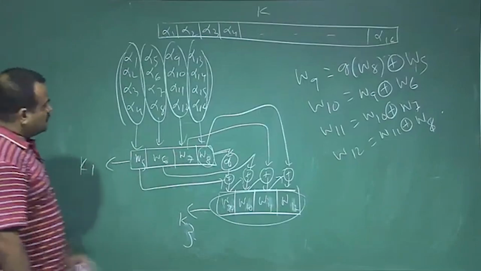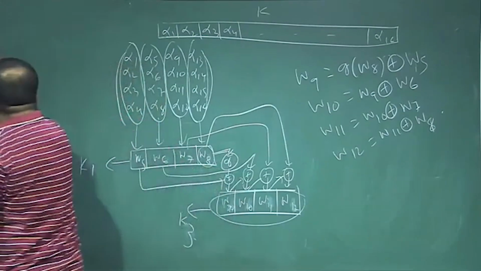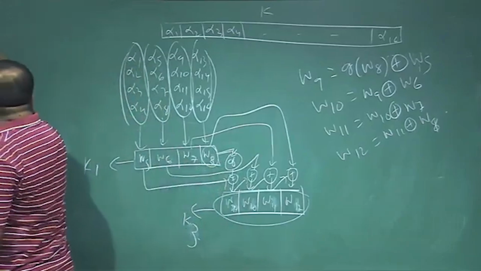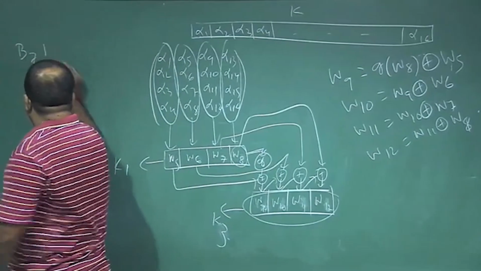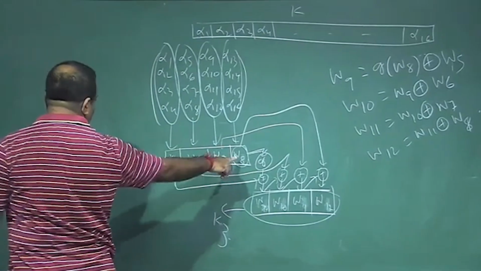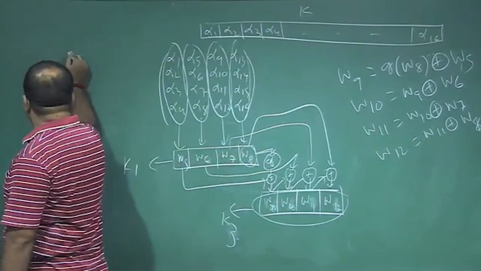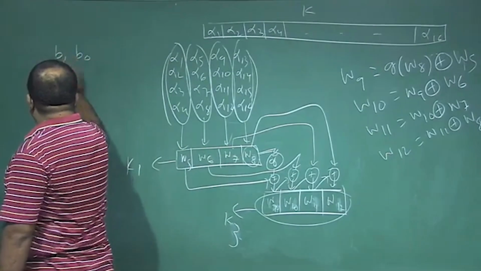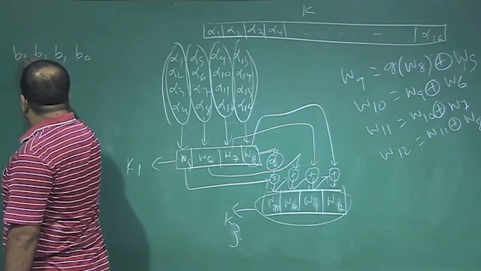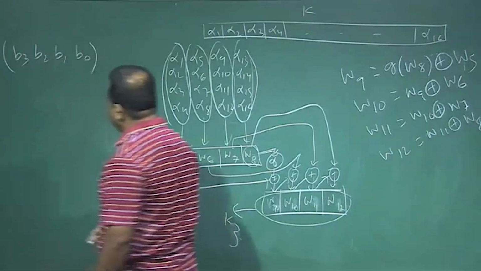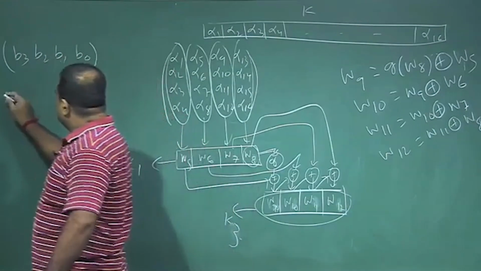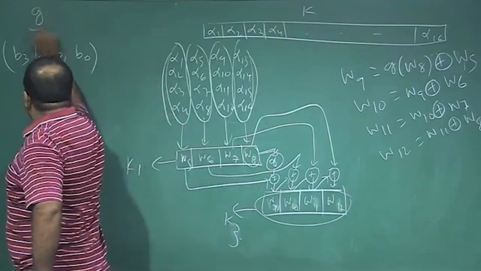Okay. Now, the question is what is G? G is taking a W which is 32 bits, which we can denote by B0, B1, B2, B3, each is 8 bits.